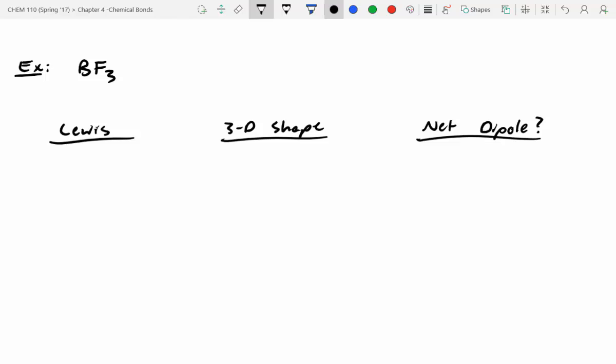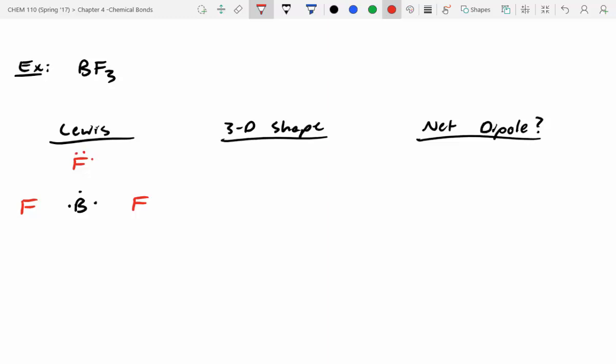So what do you think the central atom is going to be? Probably the boron, right? Okay. How many valence electrons around boron? 3. Okay, so we've got 1, 2, 3. I'm going to switch colors for fluorine. So we've got 3 fluorines. How many valence electrons for fluorine? 7.